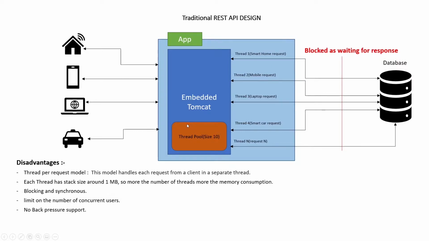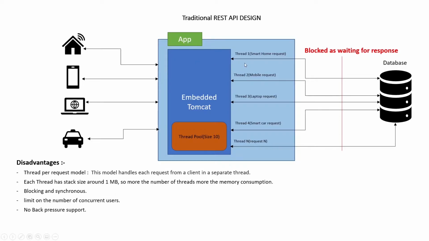Now what Tomcat is going to do is assign a thread to that particular request. That thread will be responsible to execute that request end to end. Now let's assume this request is responsible to get the user details.